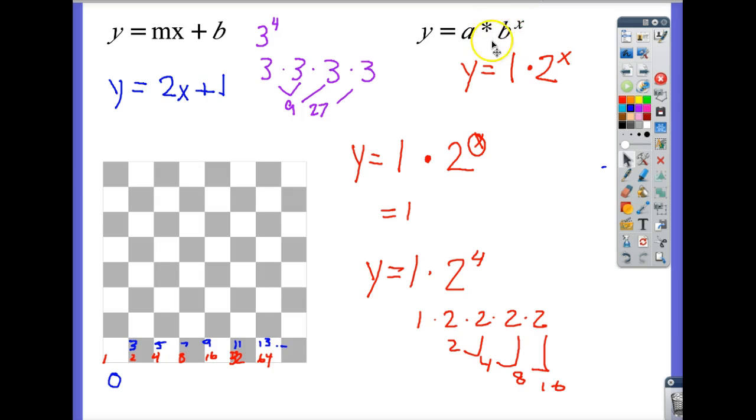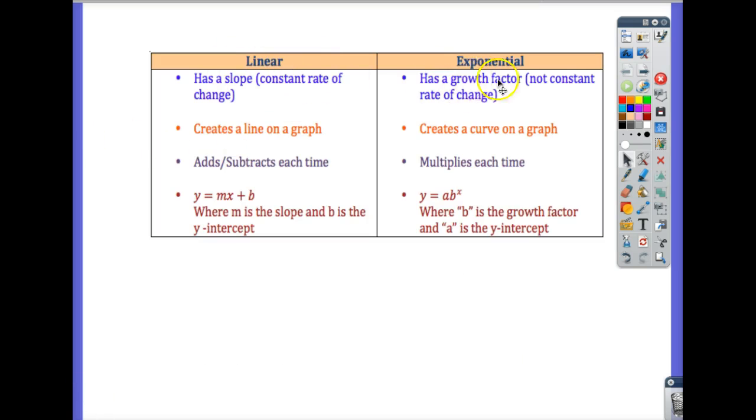So b is the growth factor because I'm saying I take what I start with, multiply it by this however many times. Whereas here I say take what I start with and add m this many times. So that's the difference between the slope and the growth factor. So those are the main differences between your linear and your exponentials. I hope it makes a little more sense now.